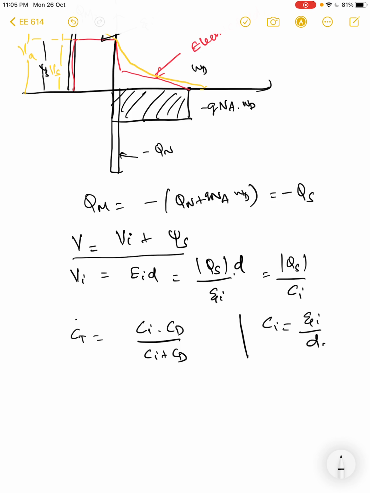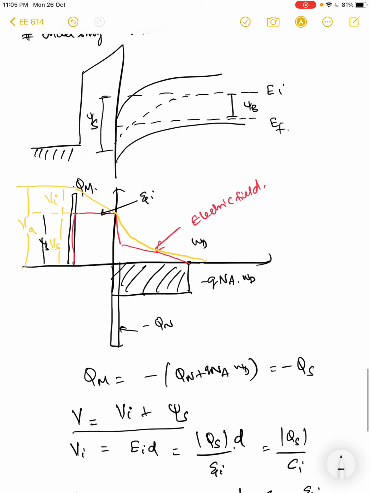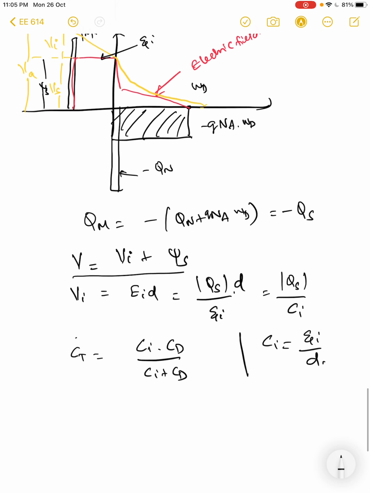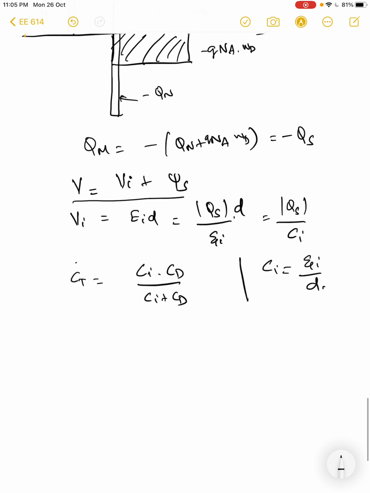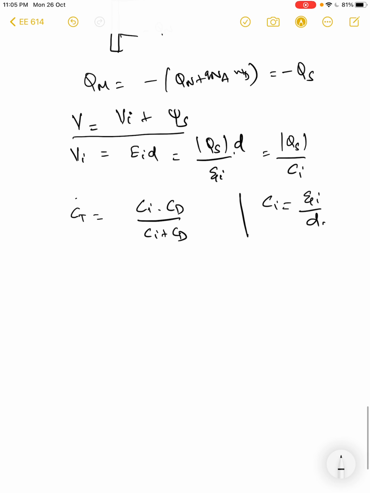So now that we have these things, let us see what happens to the total capacitance for various applied voltages and at various frequencies, right? Because the total capacitance depends upon the depletion width and the insulator capacitance, the total capacitance depends on, one, applied bias. Why?